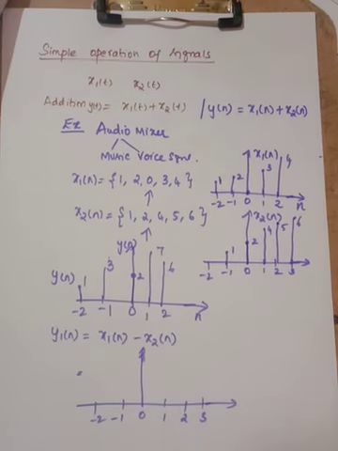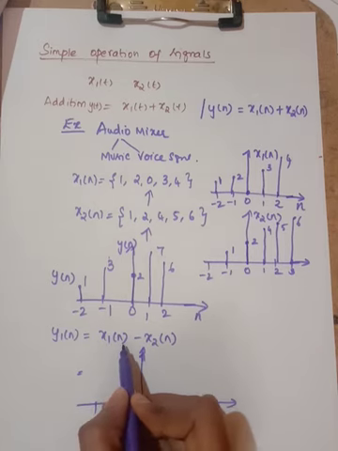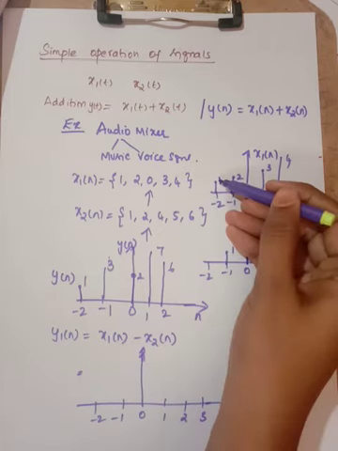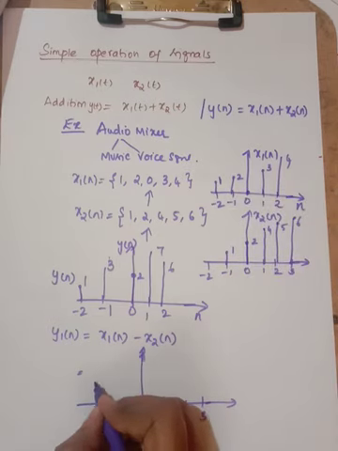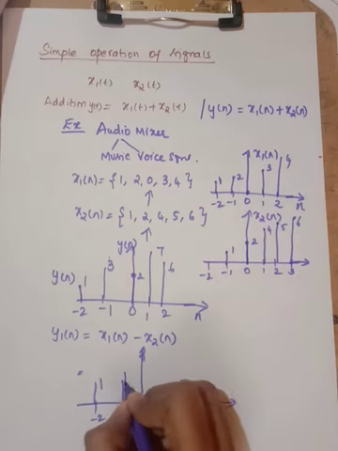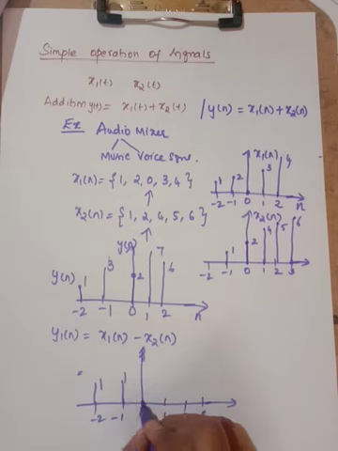Similarly, you can perform subtraction. In subtraction, I have done x1 of n minus x2 of n. So 1 minus 0 is 1. Then 2 minus 1 is 1. Then here it is 0, so 0 minus 2 is -2.